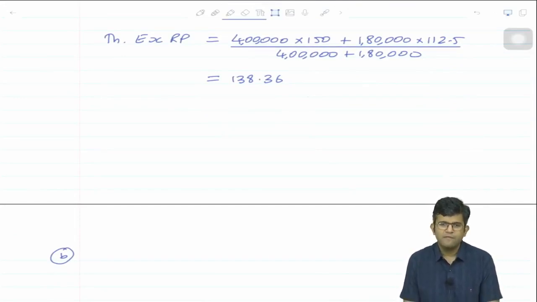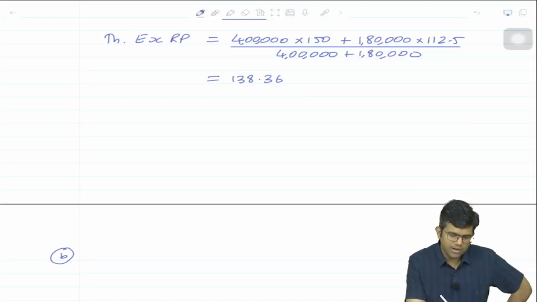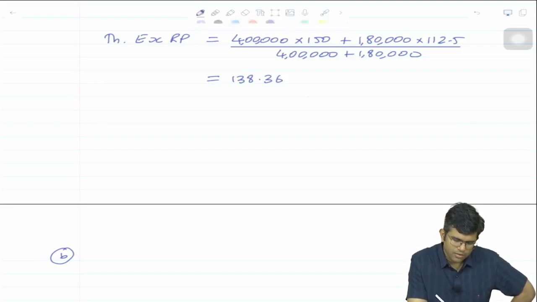Everyone clear? 4 lakh into 150 plus 1,80,000 into 112.5, the whole upon 4 lakh plus 1 lakh 80. Now I will be explaining something. You have to be very careful here. Hold on. I'll put this much part in a bracket first.